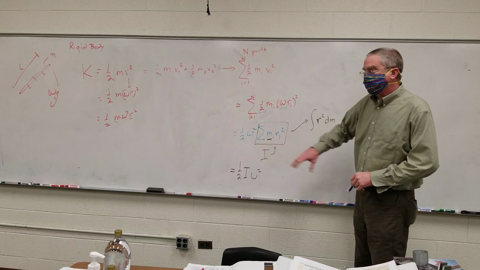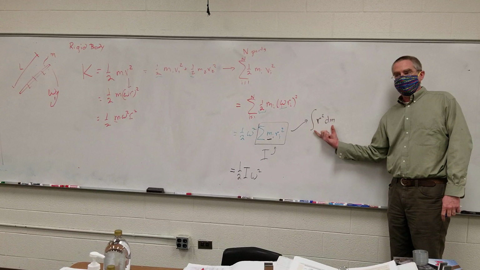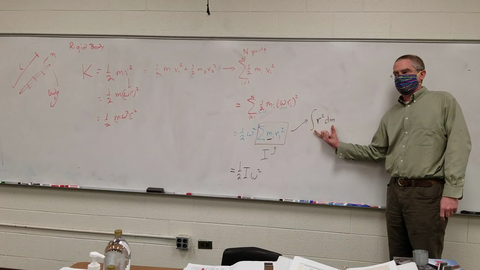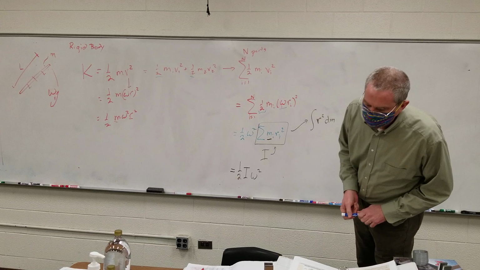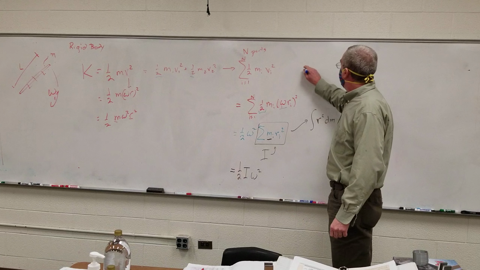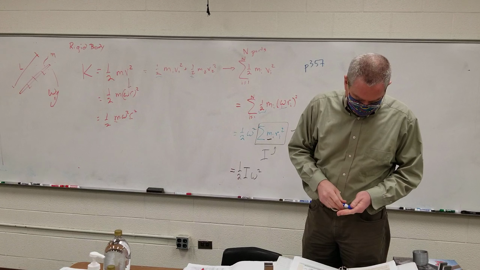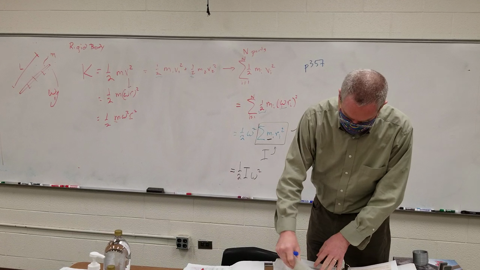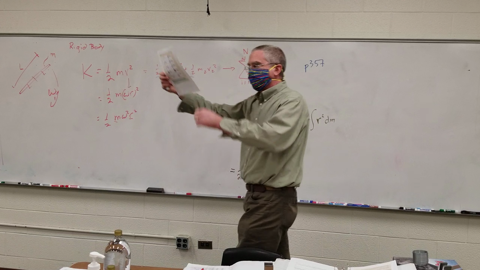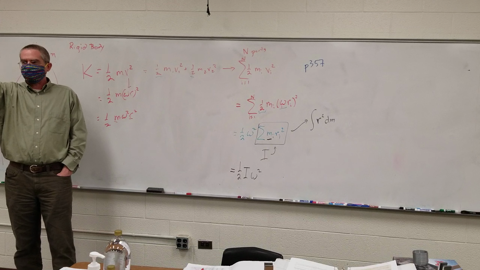All right, this is easier because this formula has been done for common shapes. In your textbook, it's page 357. Did I say that correctly? Yep. If you look at page 357, and almost every beginning physics textbook will have something like this, you have a formula sheet for common shapes.